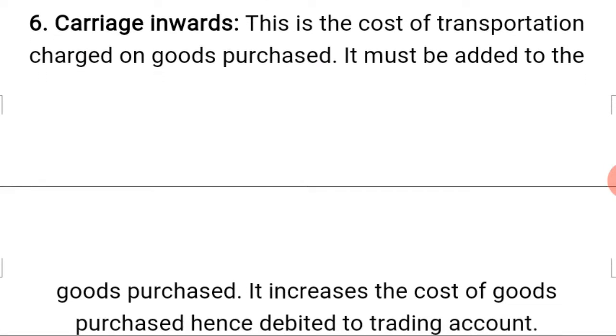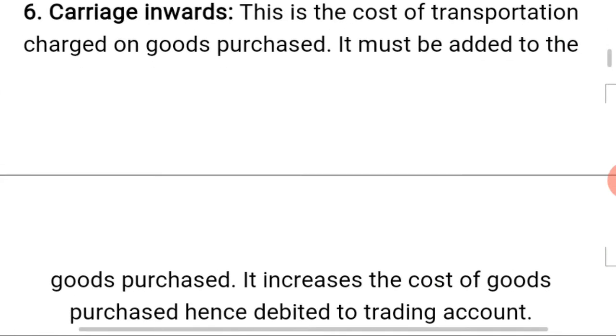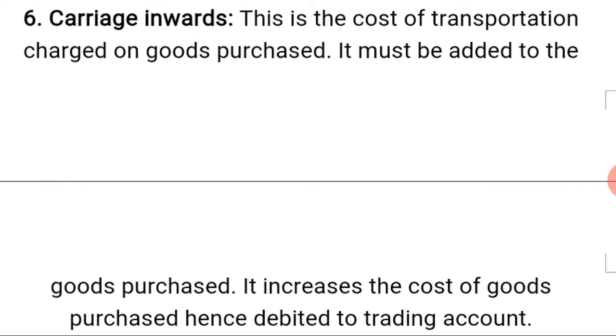Carriage inwards. This is the cost of transportation charged on goods purchased. It must be added to the goods purchased. It increases the cost of goods purchased, hence debited to trading account.